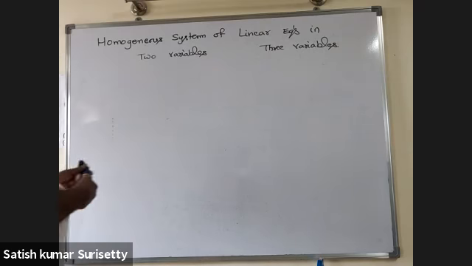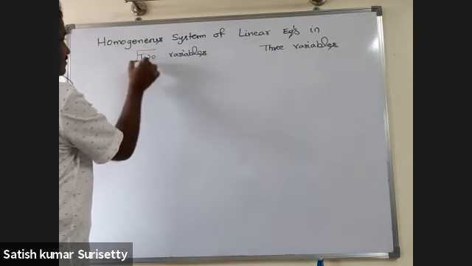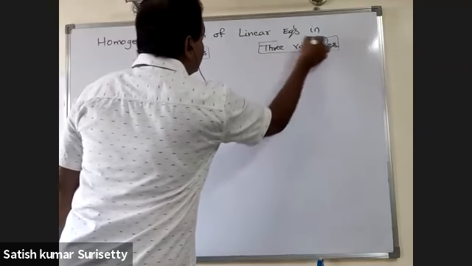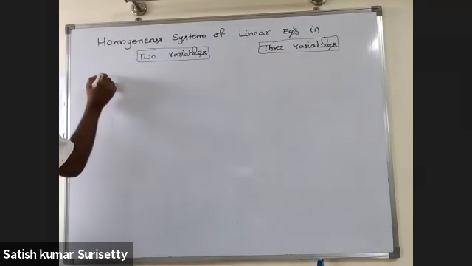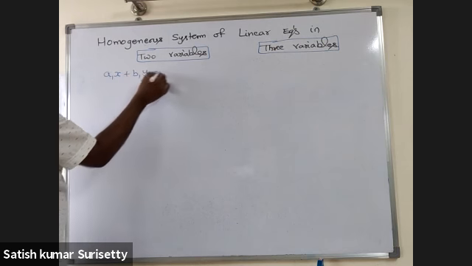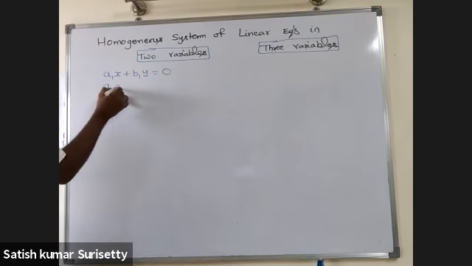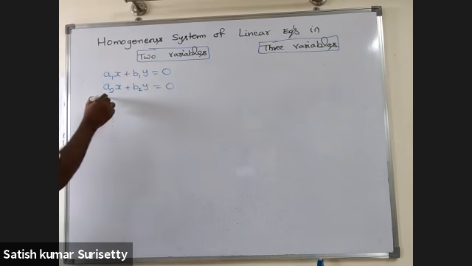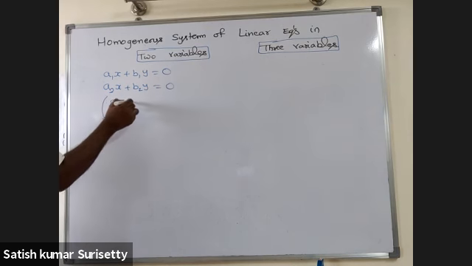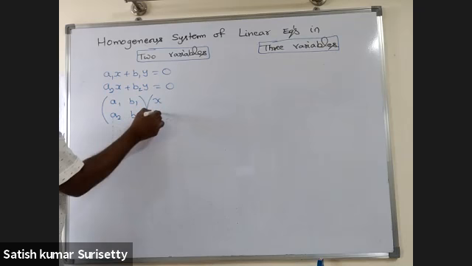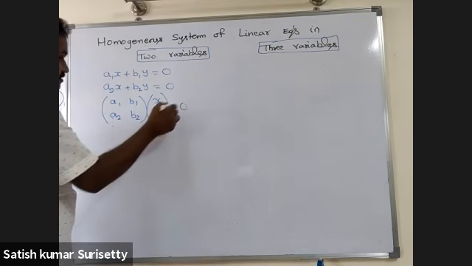Homogeneous system of linear equations in 2 variables and 3 variables. Now, a1x plus b1y equal to 0, a2x plus b2y equal to 0. The corresponding matrix equation is [a1 b1; a2 b2] [x y] equal to 0.